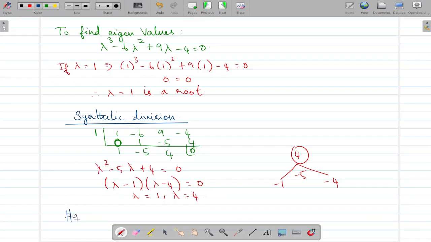Hence the eigenvalues are 1, 1, 4. So the eigenvalue is repeated. When it is a symmetric matrix with a repeated eigenvalue, it follows type 4 from eigenvalues and eigenvectors.